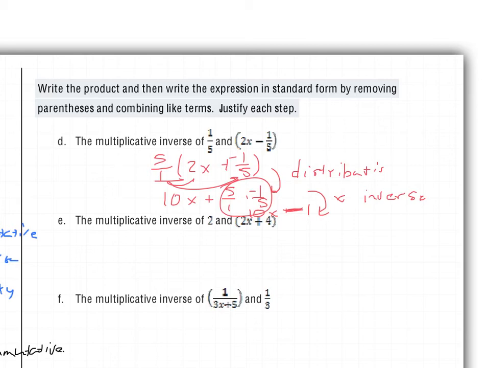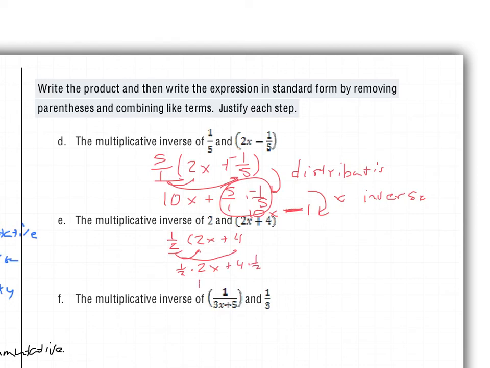Multiplicative inverse of 2, so that's 1 over 2 is our multiplicative inverse, times 2x plus 4. So we distribute this in, gives me 1/2 times 2x plus 4 times 1/2.